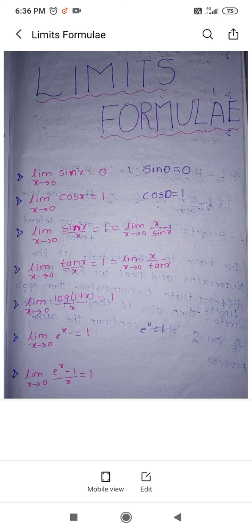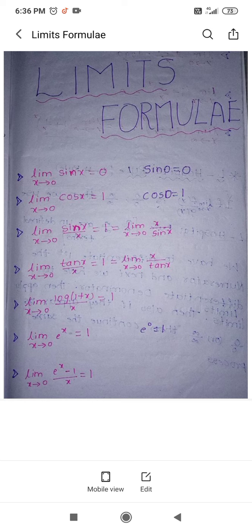A, because the coefficient of x in the numerator is A. So we have to focus on the numerator x coefficient, but it should be in the form tan x by x. So limit x tends to 0, tan x by x is equals to 1. Same, limit x tends to 0, x by tan x is also 1.